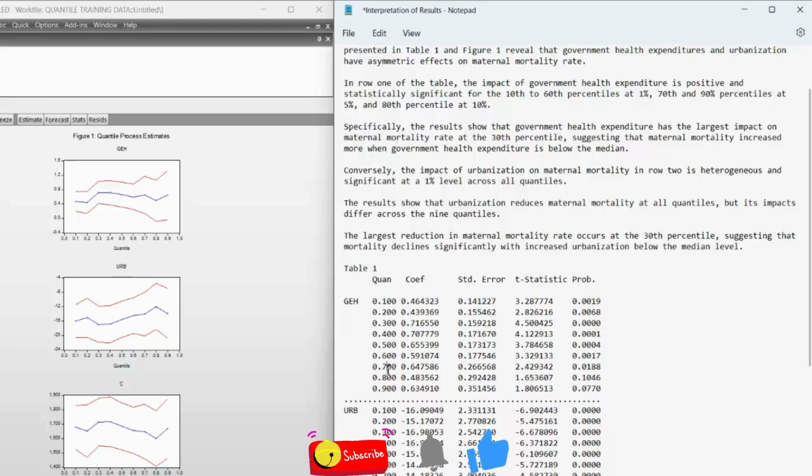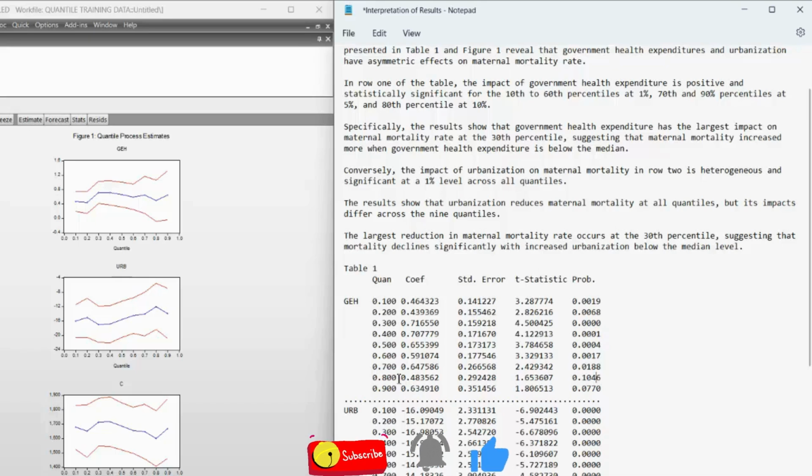If you look at the 70th, it is greater than 1%, and the 90th is greater than 1%. So these two quantiles are significant at 5%. And the 80th percentile is significant at 10%. So if we are using 1%, this one and the last 3 are not significant. If our best level of significance is 5%, the 80th percentile is not significant.